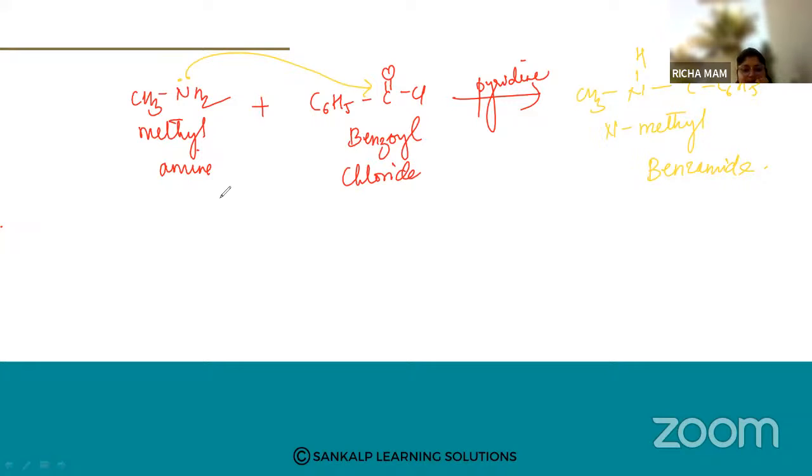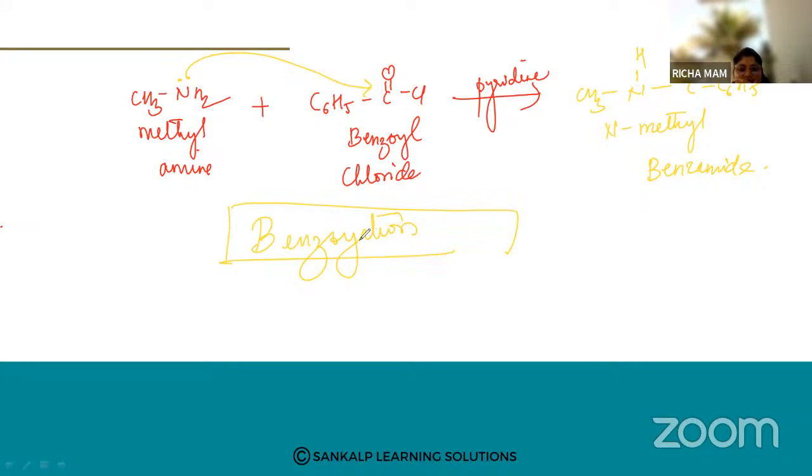So methylamine reacts with benzoyl chloride, and it gives you N-methyl benzamide. And please remember that the name of this reaction is benzoylation.